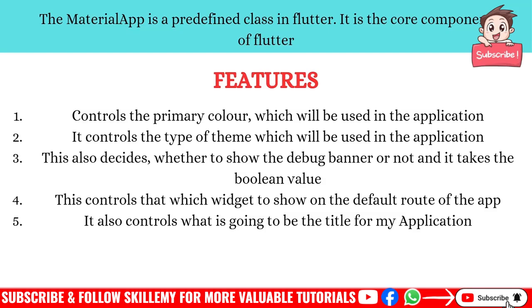And the next feature is that it also controls which widget or which component you want to show on the default route of the app. Okay. So in simple words, it will be able to control, once you open up that particular mobile application, which page you will see first by default, or which kind of component you are going to see by default.